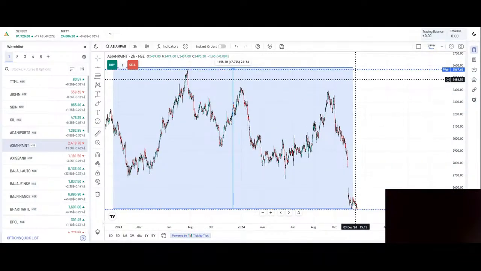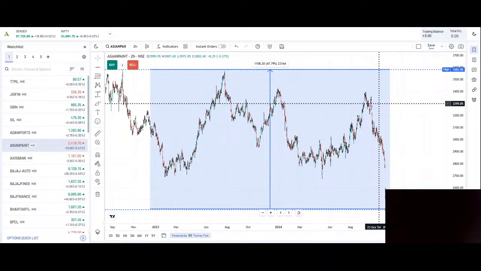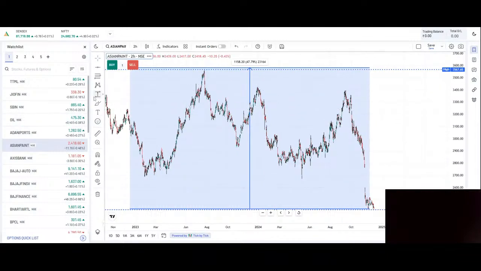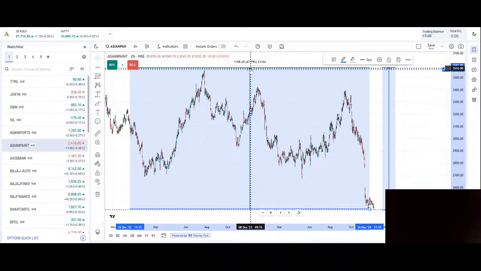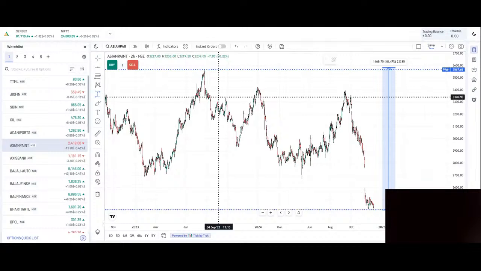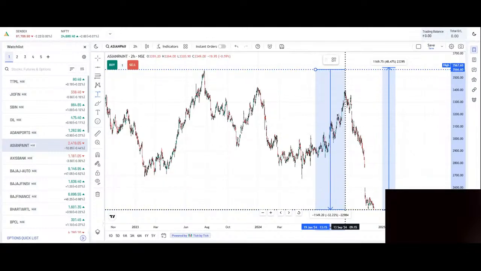So the discounted price at which it is coming is 2418. If it retraces from this point back to its normal position, the return would be to the tune of, sorry, I made a mistake about this. The price at which it is available right now is 31%, 32% off.